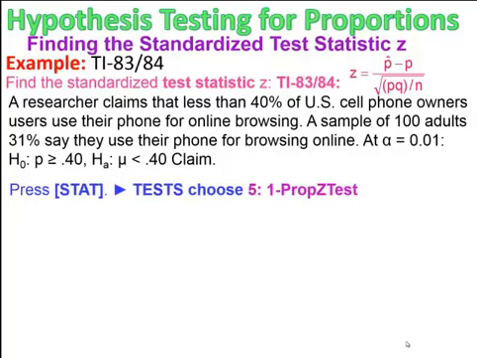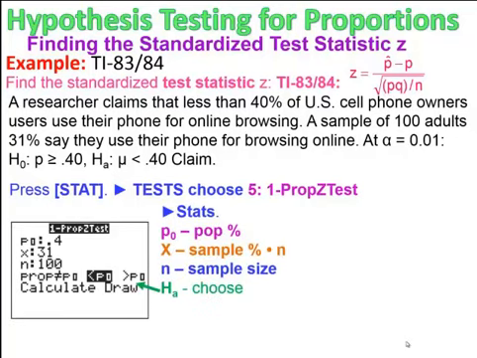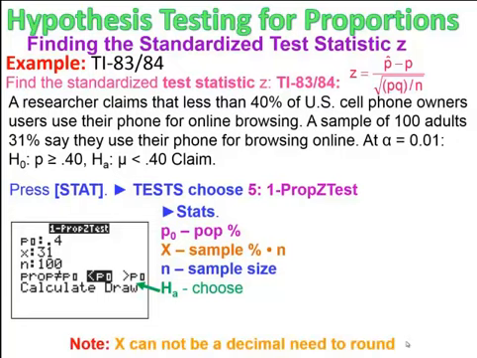So I want to find that test statistic. In order to do this, you're going to need your population proportion or percentage, and in this case it's always going to be given in your alternative statement or in your hypothesis statement. So in this case it's 0.4 or 40%, and then we need to find our X value.